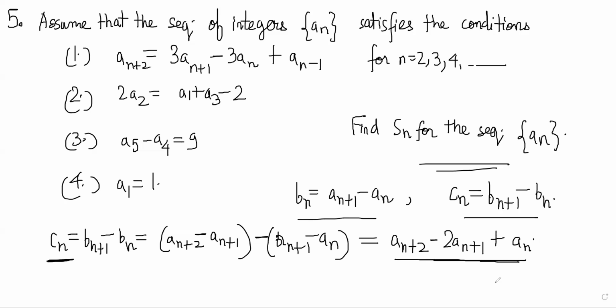Now, think about it. This looks very similar to this first result, or at least it looks a little similar, right? So we will use this first result An plus 2 here. If I use An plus 2 from the first result here, I should get something for Cn. I will do that on the next screen.